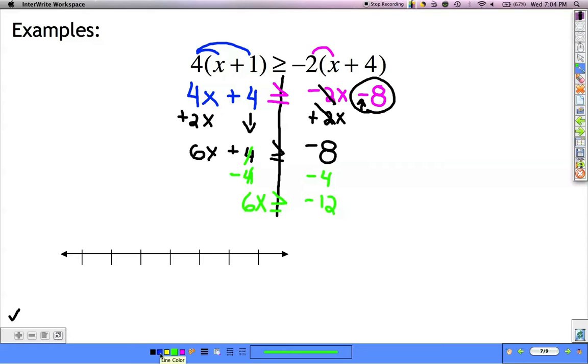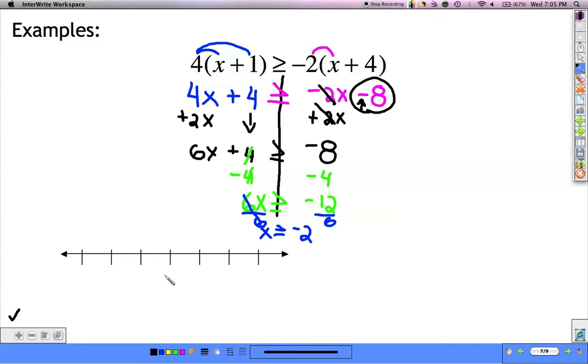And I'm almost done with solving this. The only thing I need to do now is divide both sides of this inequality by 6. 6x divided by 6, the 6's are going to divide to 1 or cancel out for us. And what I have is x is greater than or equal to negative 12 divided by 6, which is going to give me negative 2. And now I need to graph that.